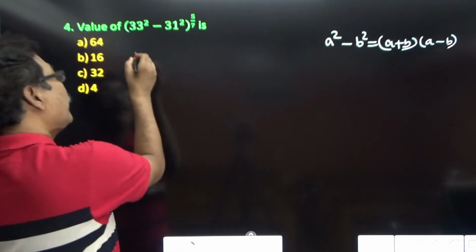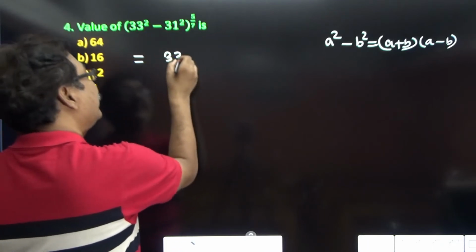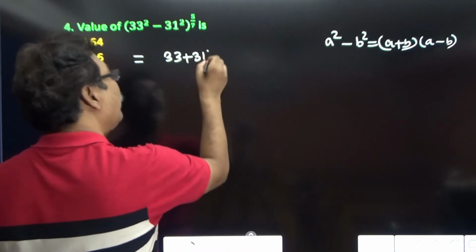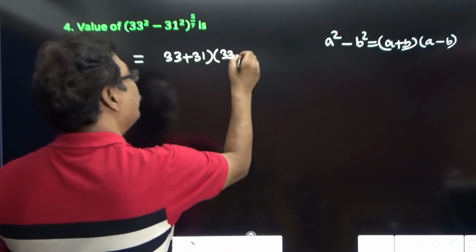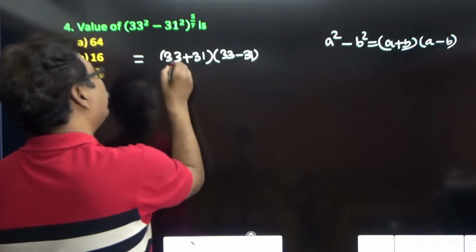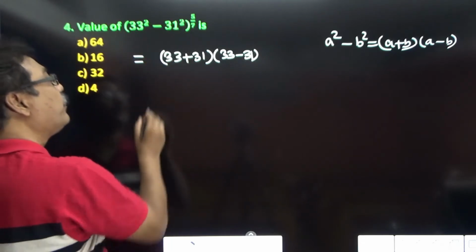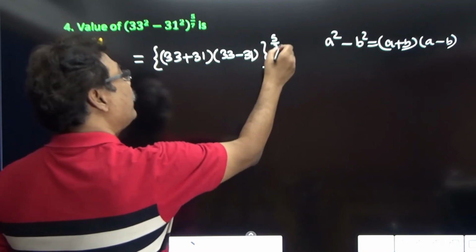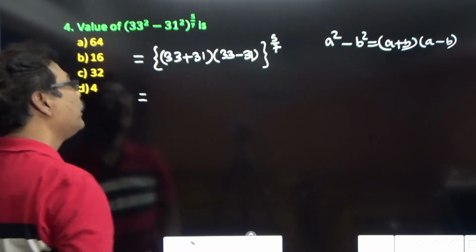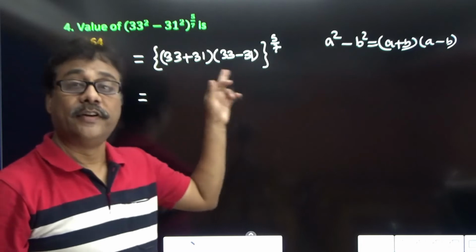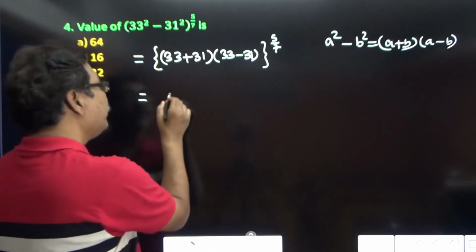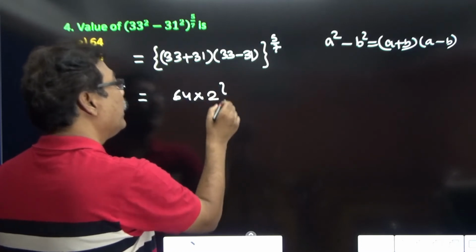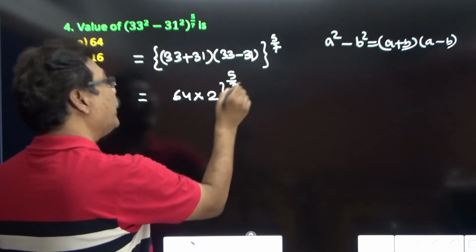So what I will do here, this can be written as (33 + 31)(33 − 31), this is for a² − b², then the whole to the power 5/7. So let me write it like this. Now 33 + 31 is giving me 64 into 2, whole to the power 5/7.